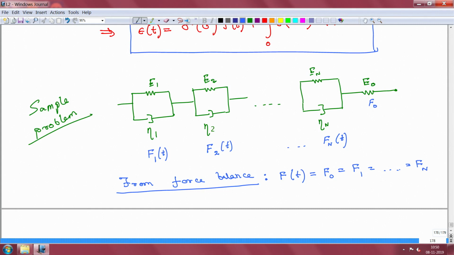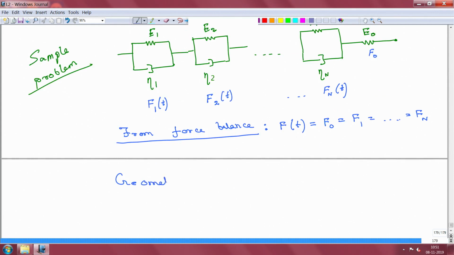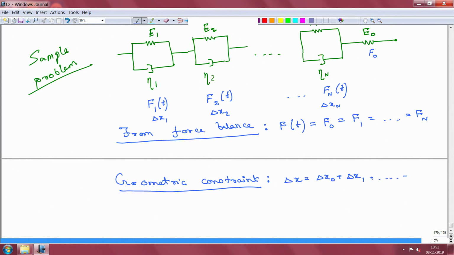And what is now going to be the geometric constraint on this system? The geometric constraint will be such that all of these will be experiencing different deformations. And then the total deformation delta x is now going to be a sum of all the different deformations in all the different units.